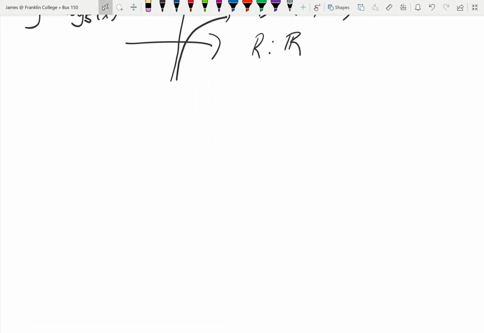Alright, so let's go over some examples of dealing with logs. They can be kind of tricky. It's not exactly intuitive. So, examples of logs.